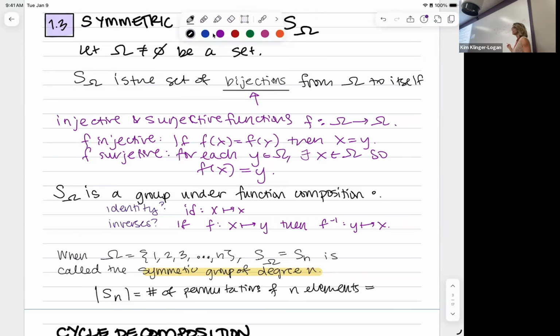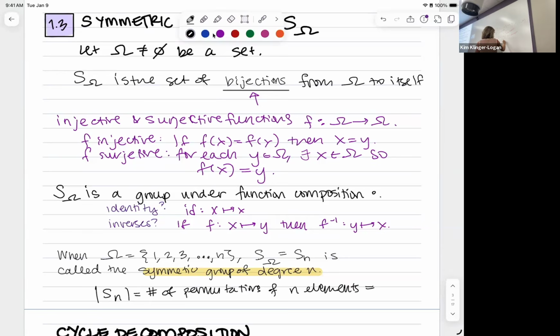So I fix 1. Maybe I send 1 to something, whatever i is. Now I do the next thing and I say, what happens to 2? How many choices do I have for 2? N minus 1 choices, right? So altogether, anytime I'm trying to define a new permutation, I'm going to have n times n minus 1 times n minus 2, and so on.